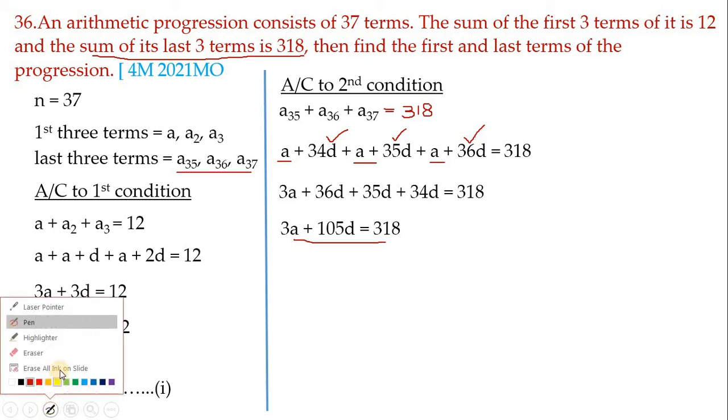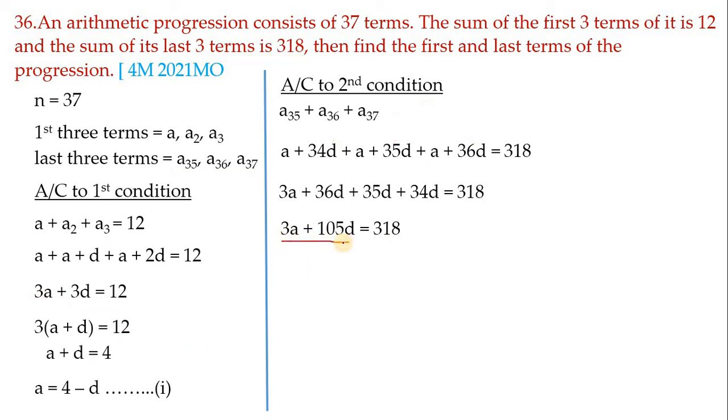Next, observe this one. Here we can take 3 as a common factor. If we take 3 as a common factor, A is left in this place, and 35D is left in this place, because 35 threes are 105. For the next step, transfer the 3 to this side, where it becomes division.